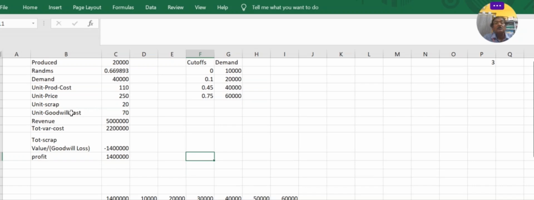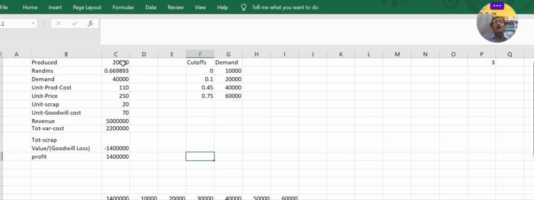For that, estimating from past records, the goodwill cost is taken as 70 rupees. That means if demand is more and production is less, then for the gap between demand and production, the goodwill loss is 70 rupees per unit.